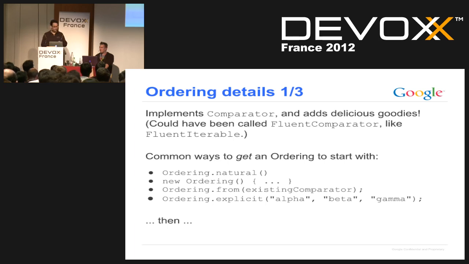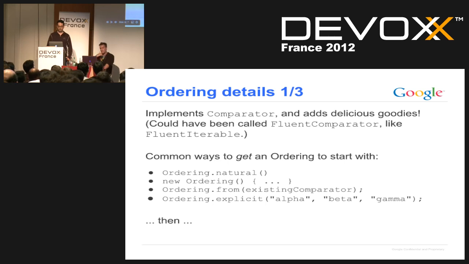All right, common ways to get one of these orderings. To start with, you can just start with the natural ordering, or you could implement it yourself, just like we implement comparator, just simply implement ordering instead. If you happen to already have a comparator instance sitting around, then you can use ordering.from to turn that into an ordering.